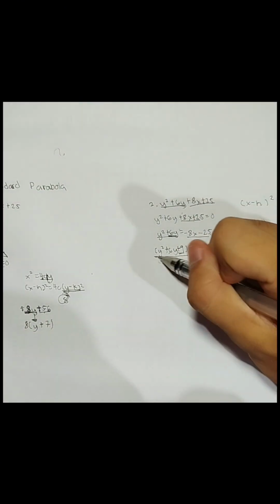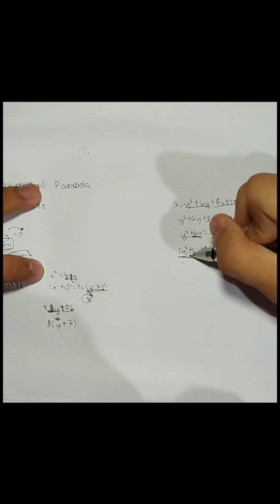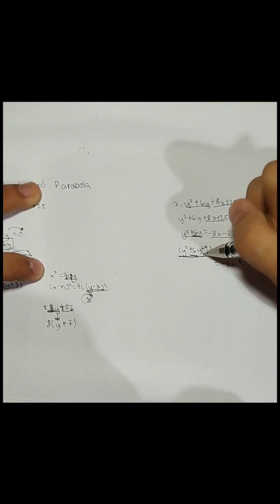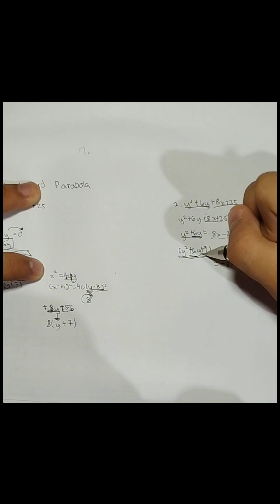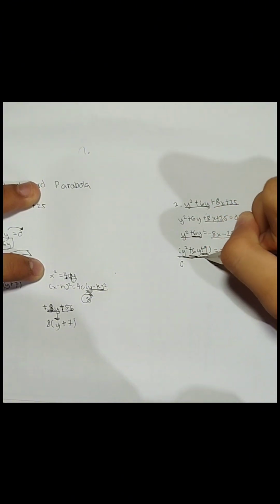You want this thing to turn into this. Okay, so how do we do that? To do that, you want to find a number that when added together is equal to 6, but when multiplied by itself is equal to 9. So that number for this equation is 3.